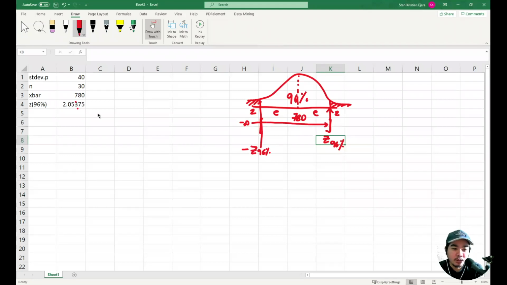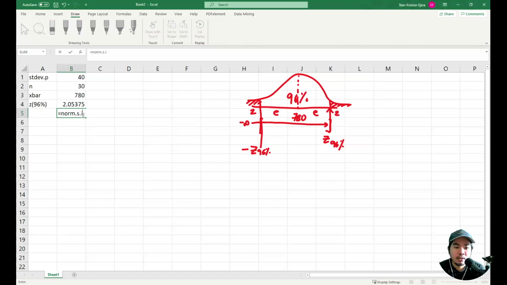Just to prove it, if I do equals norm.s.inv of 2%, 0.02, then I get the negative of 2.0537. Okay? I hope that makes sense.